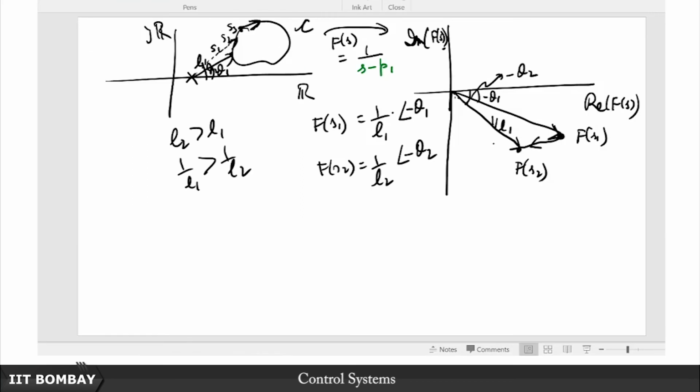So, if you allow me to draw a rough approximation, when this line is going to be bigger. So, actually the points which are closer to P1 here on this argand plane are going to map to distant points, are going to have longer lengths here in the Fs plane. The points which are further off, they are going to be shorter.